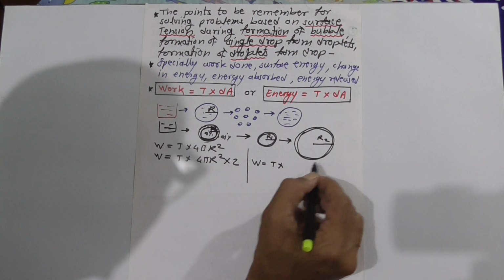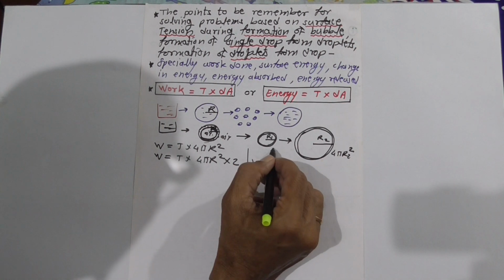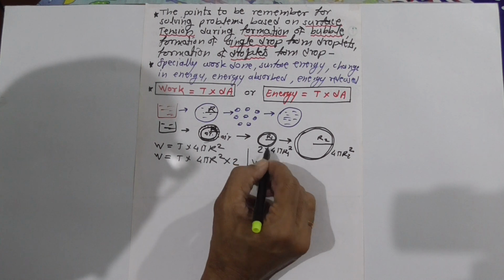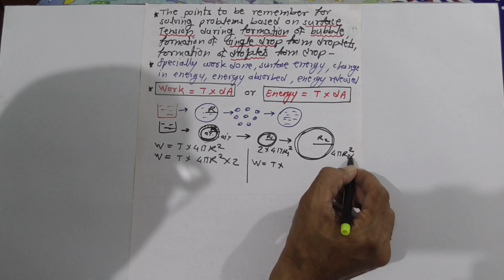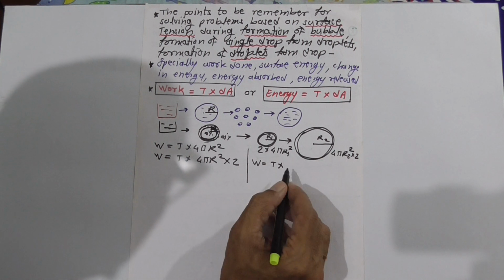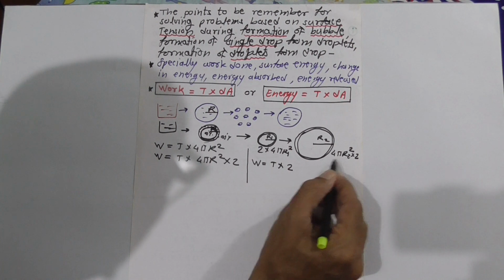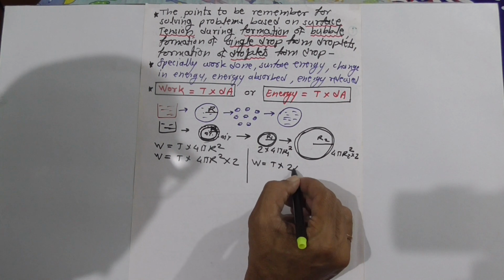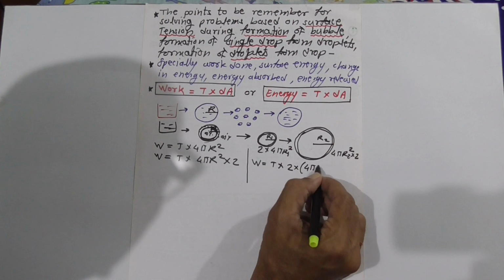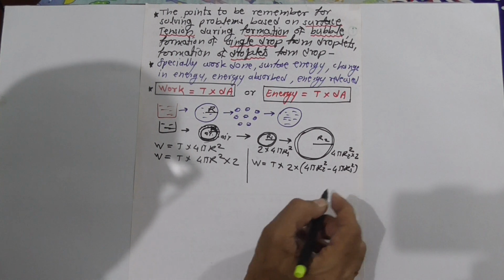Final surface area is 4 pi R2 square and initial surface area is 4 pi R1 square, and it is 2 times because it consists of 2 surface areas. Therefore the change in area is 2 times 4 pi R2 square minus 4 pi R1 square. I take this 2 as a common factor.